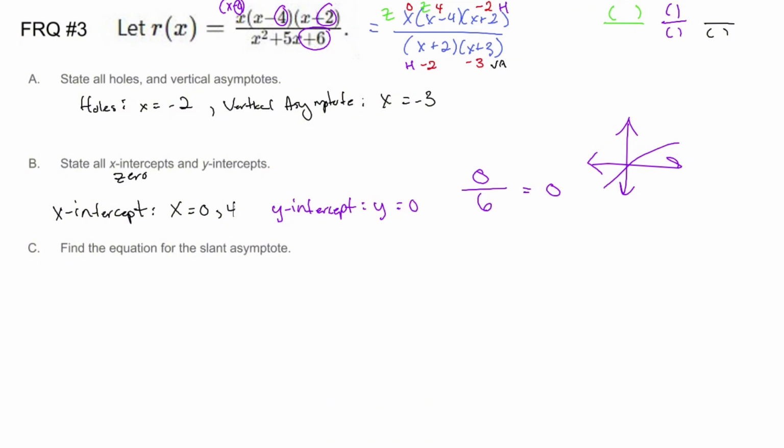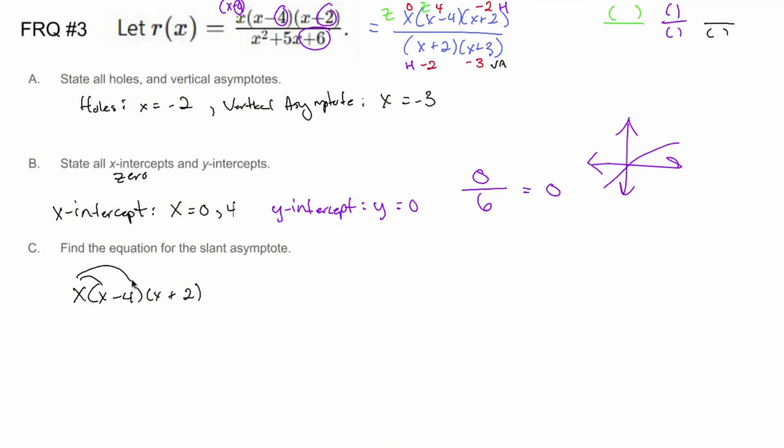My job is to find the equation for the slant asymptote. The slant asymptote exists when the numerator is 1 degree higher than the denominator, and then we do polynomial long division. In order for us to do that, though, I need to completely FOIL this out. So I have x times x minus 4 times x plus 2.